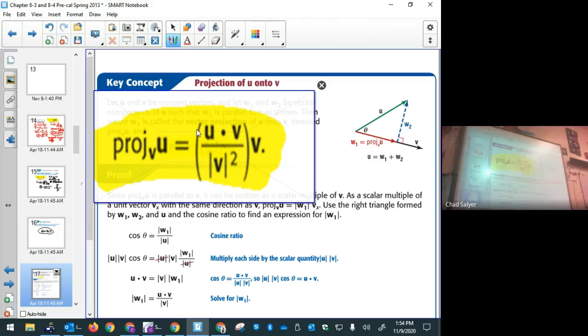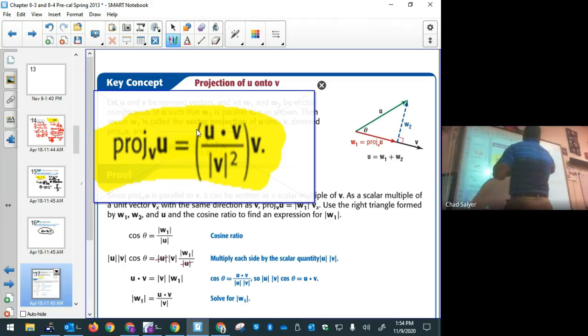I will use this formula: U dot V over the magnitude of V squared, multiplied by the vector V. So the result will be a vector, not a scalar.